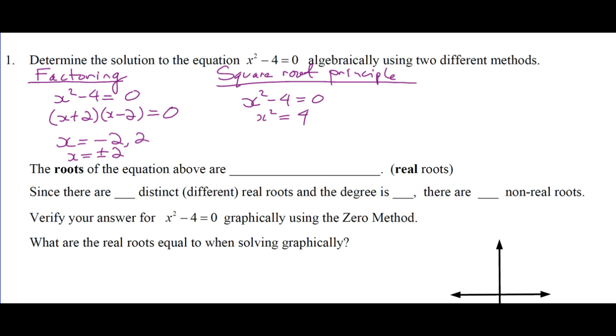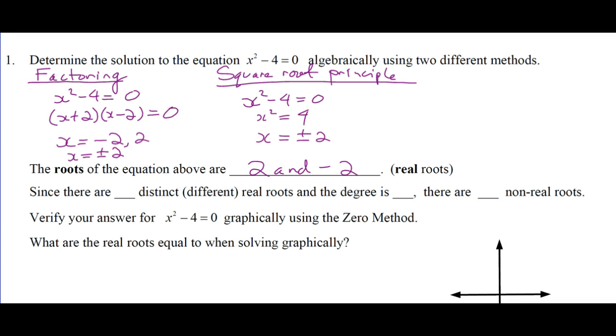So by isolating the squared term, we can then square root, and we end up with x is equal to, now we say plus or minus 2. So the roots of the equation above are 2 and negative 2, right? And they're real roots. So 2 and negative 2.